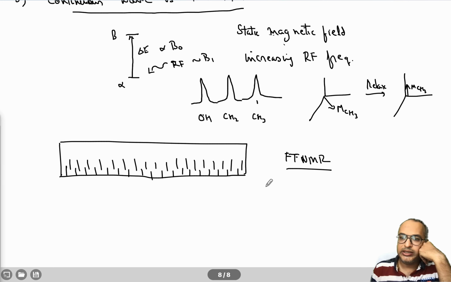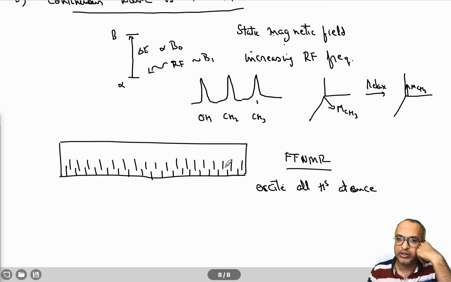So what you do here is excite or press all the keys, excite all protons at once. In other words, you press all the keys at once, you carry out the Fourier transformation, and then you deconvolute all individual pure frequencies from a mix of cosine waves or sound waves, right?